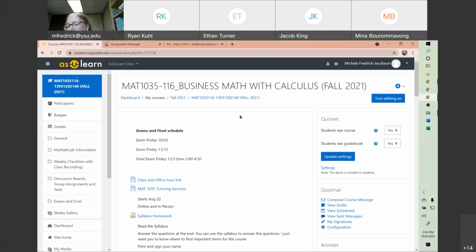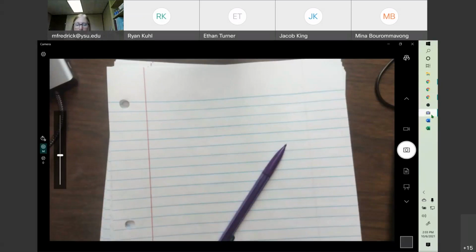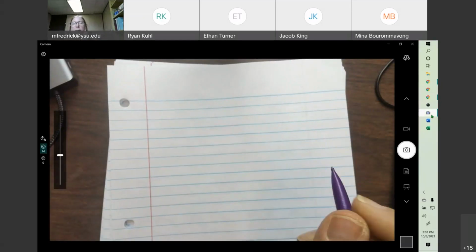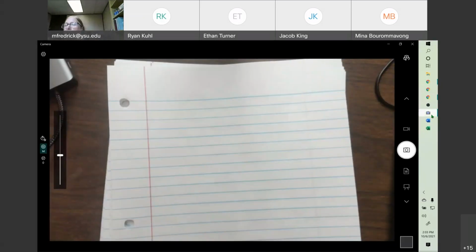Then we will continue where we left off last class, which was on limits. The last thing we did was the limits where you get 0/0, and so we needed to factor and reduce.